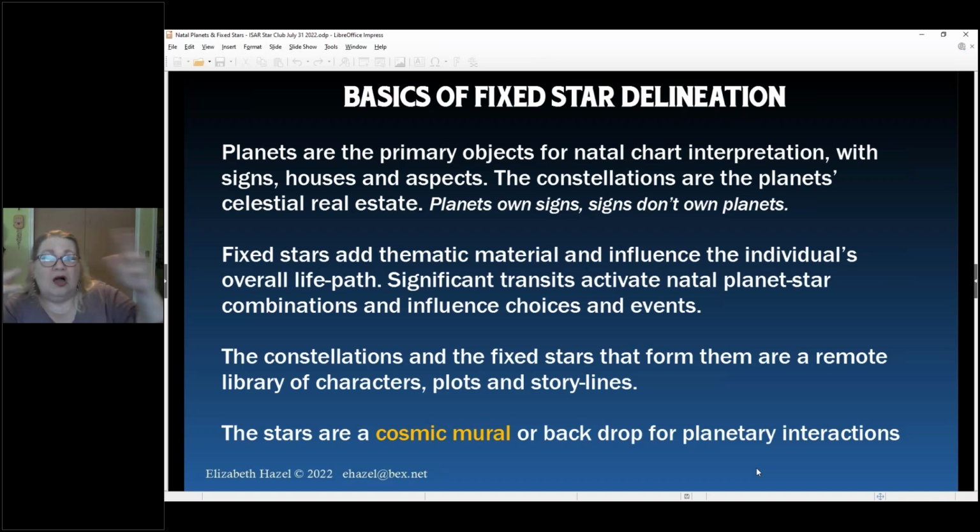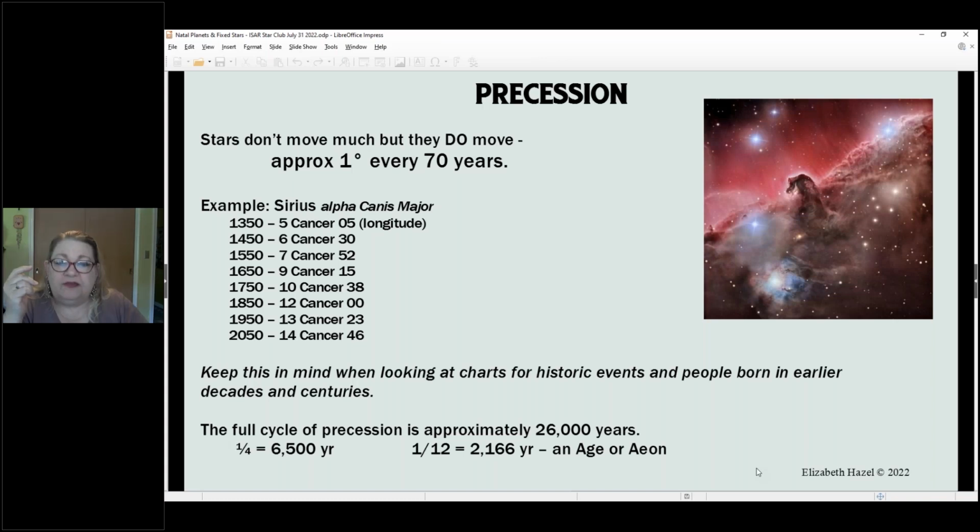It's like a catalog of plays or fairy tales or stories or myths. The stars are a cosmic mural or a backdrop for planetary interactions. So they inspire what's going on with the planets, but the planets are the actors, right? They're the ones in front. They're the ones that are closest to us.